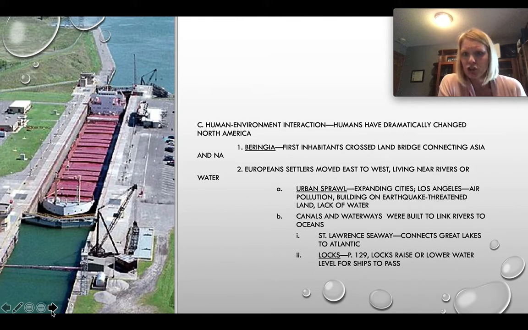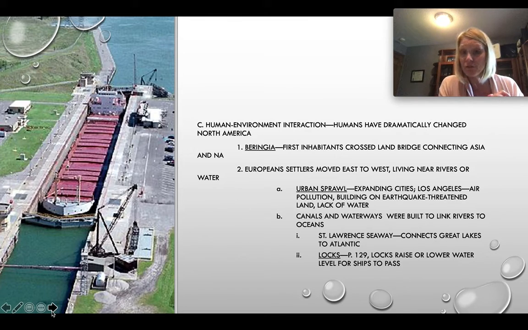because it allowed societies to flourish. We have something called urban sprawl, and this is an interesting term. It's how cities begin to expand. We see it in many different areas. The example your book gave was Los Angeles, which has increased in size so much that they have urban sprawl, and it brings about a lot of problems like air pollution.